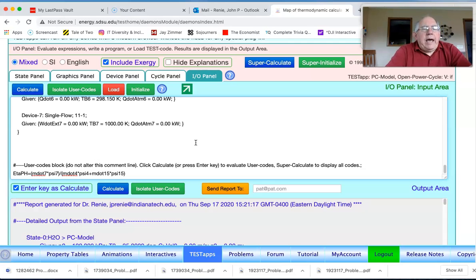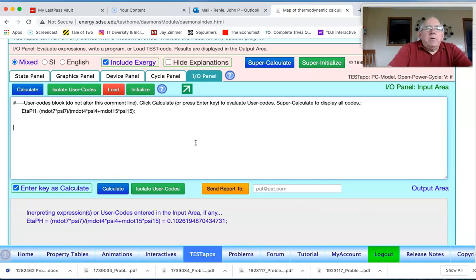And so what we have in the numerator is the flow exergy coming out, and in the denominator we have the two streams that are bringing in exergy. And so we see that the second law efficiency associated with exergy for the process heater is only about 10%.